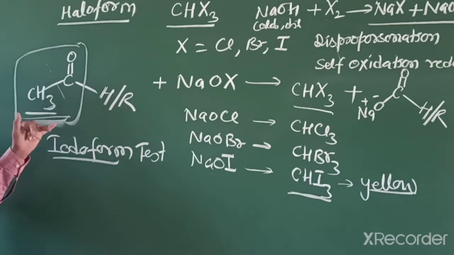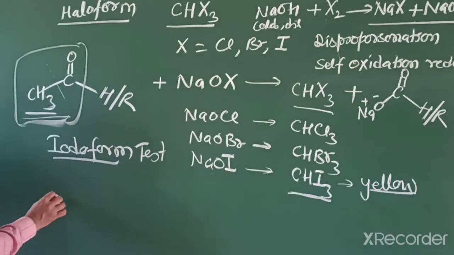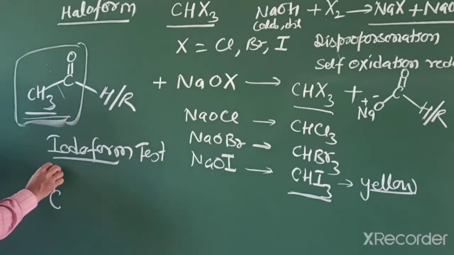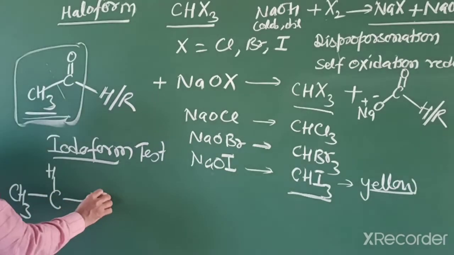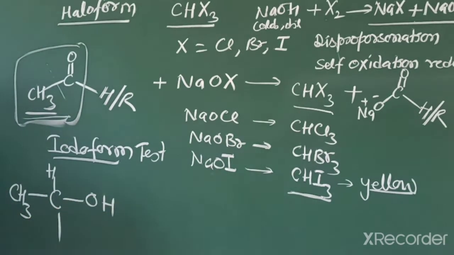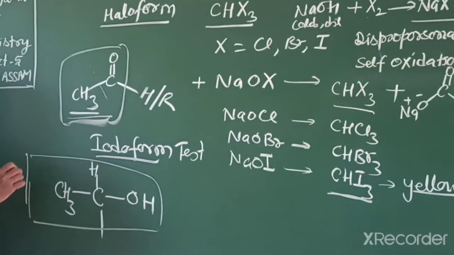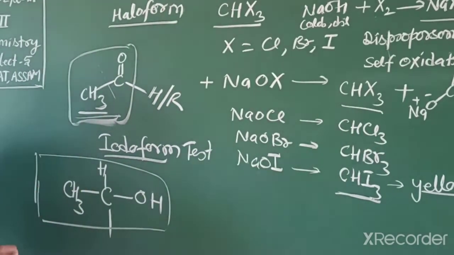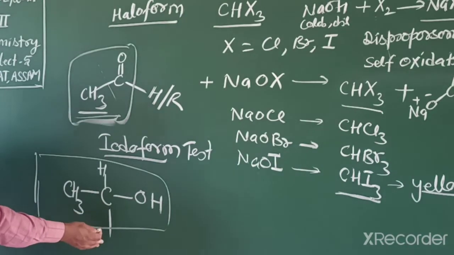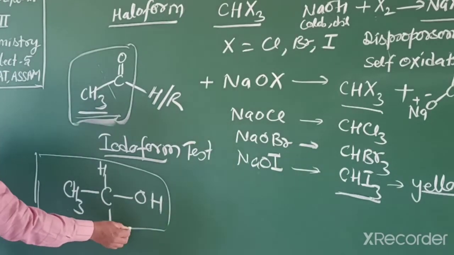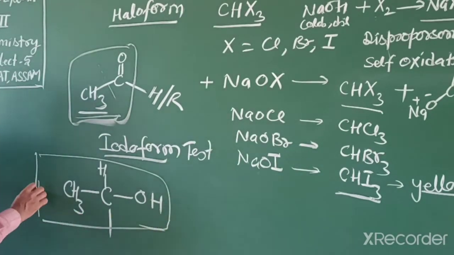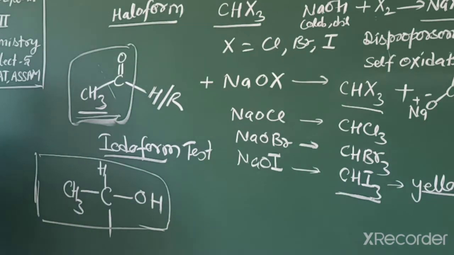The iodoform test is also given by alcohols of such a type: if any alcohol has the CH3CHOH group, with either H or R on the other side, it can easily be distinguished by the iodoform test.